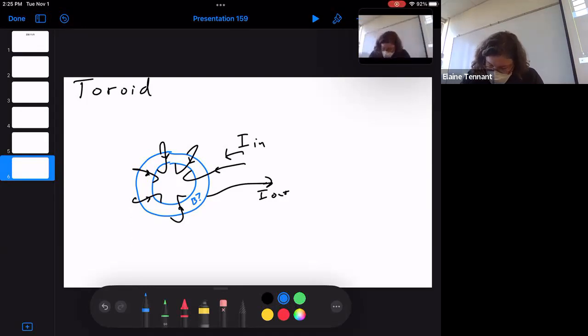Let's look at this guy right there. If you just had that one little loop of wire, which way would the magnetic field go inside of that loop of wire? I like it. So you curled your fingers around and your thumb is going like that, right? Okay, let's go to the next little loop of wire. This guy. Which way is the magnetic field from that loop of wire?